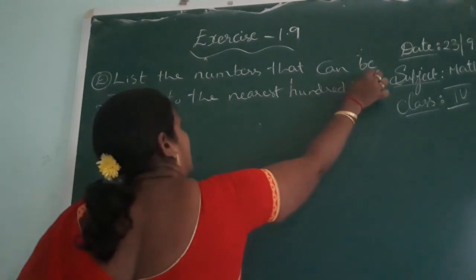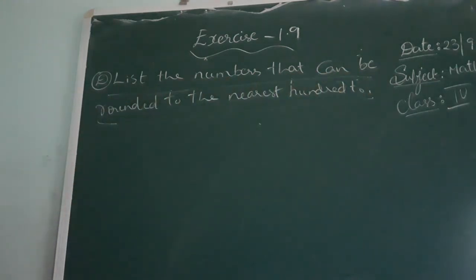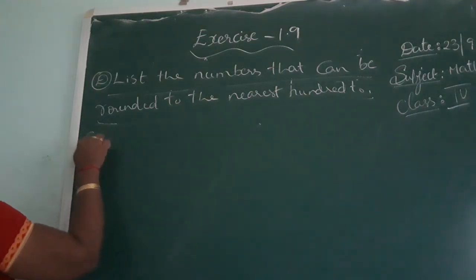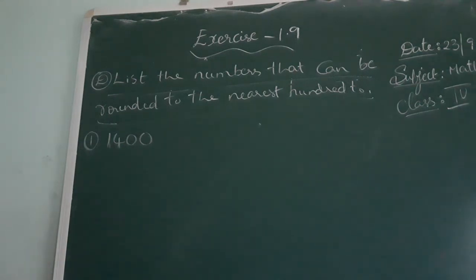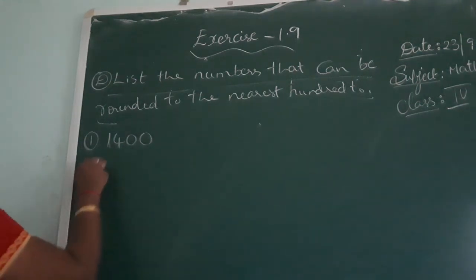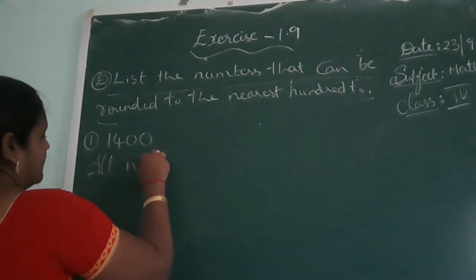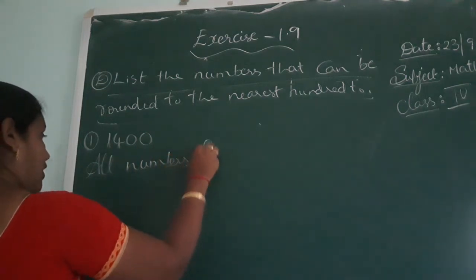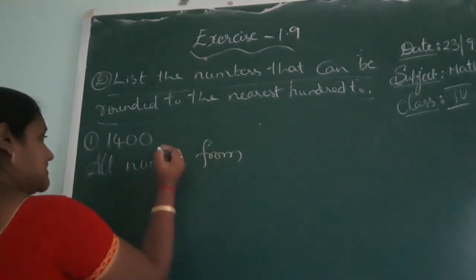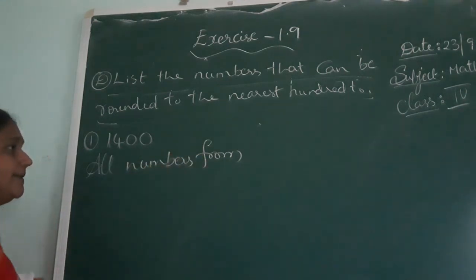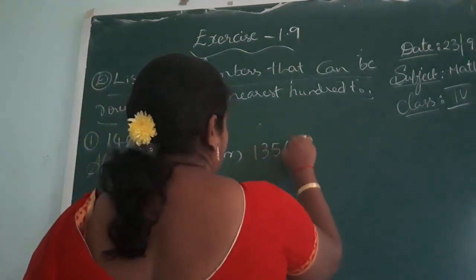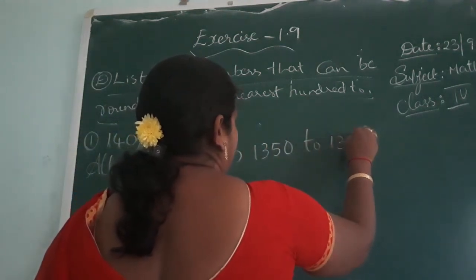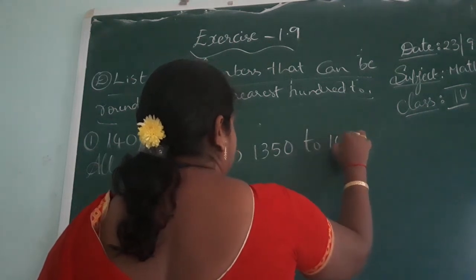So how will we round the numbers to the nearest 100 of the given number? See the first number they have given: 1400. So what numbers will be rounded to 1400?